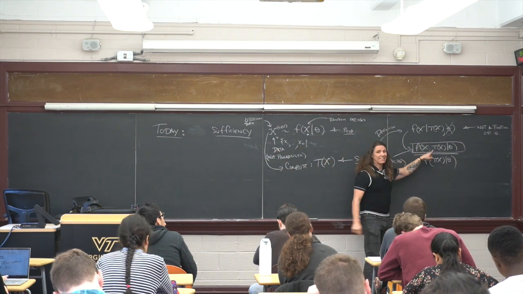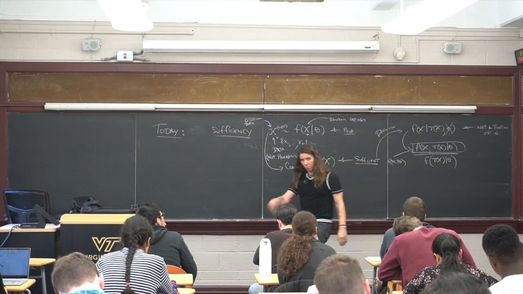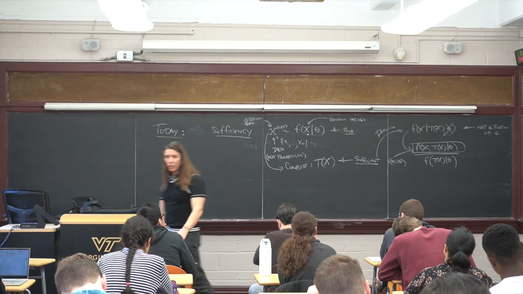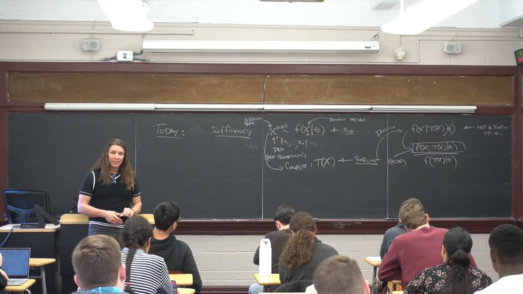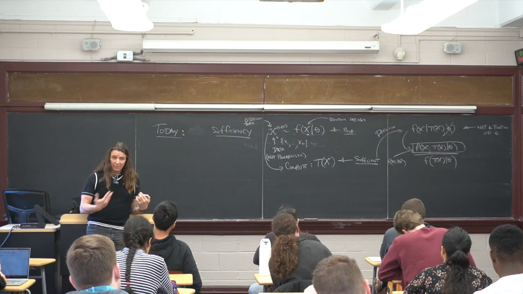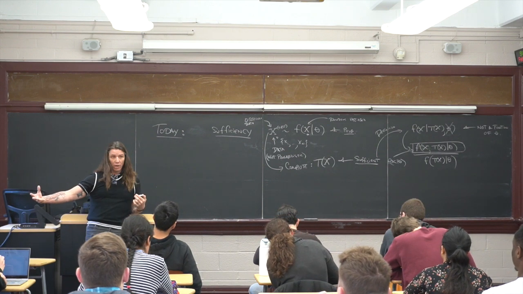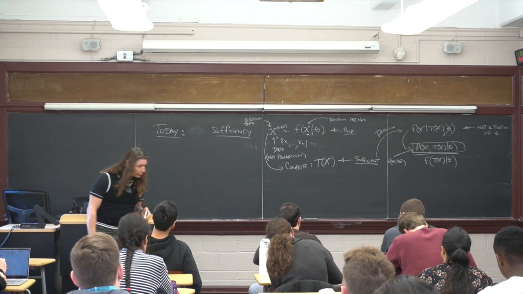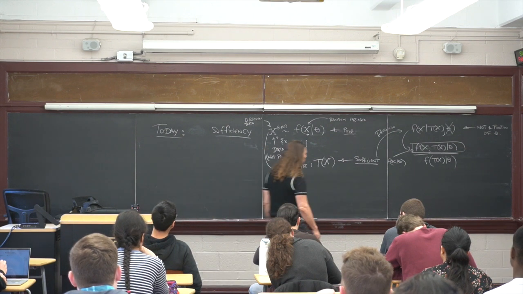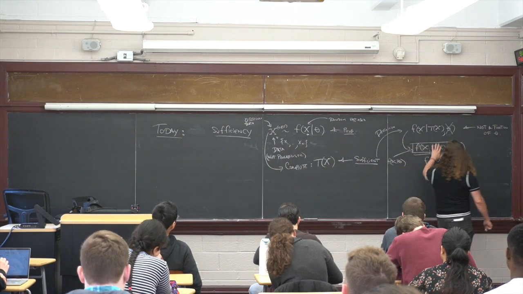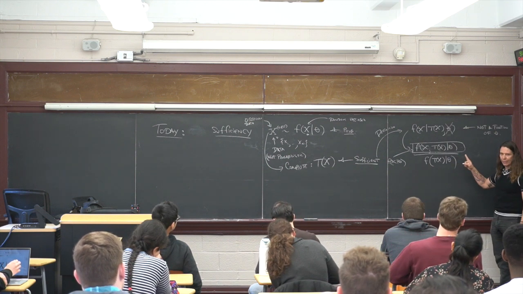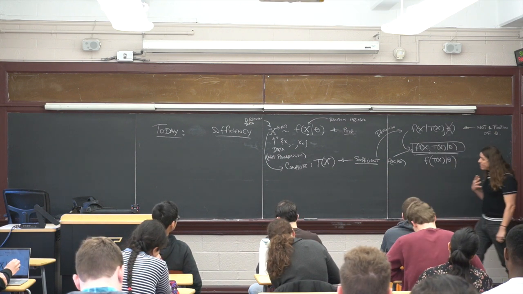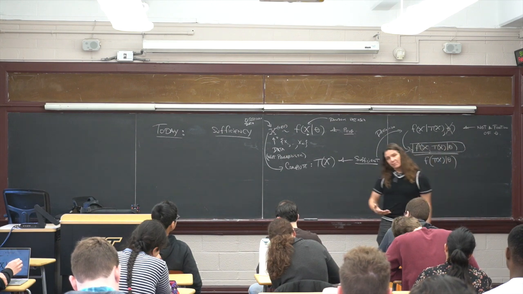So I'm appending t of x, but there's nothing probabilistic about that. If I know what the x's are, and I know the probability distribution of the x, then given those x's as well, t of x is just a computation, it's just a calculation. So this is just the ratio of that thing. And it's saying this thing is not a function of theta. And immediately I feel pretty good about this.